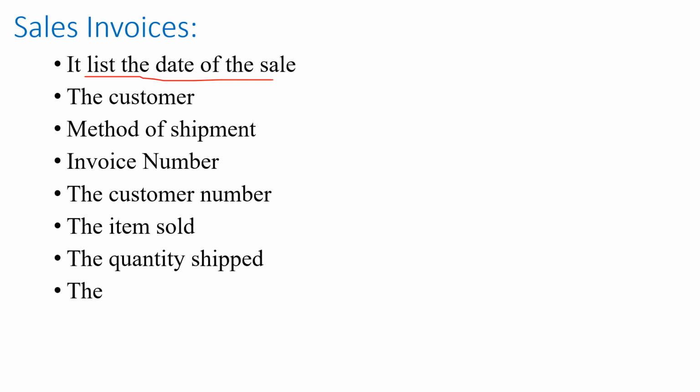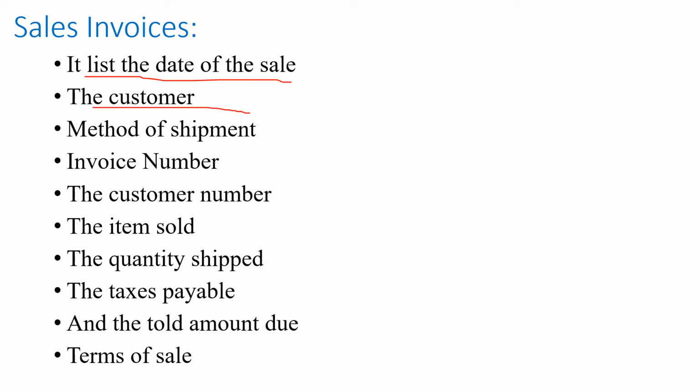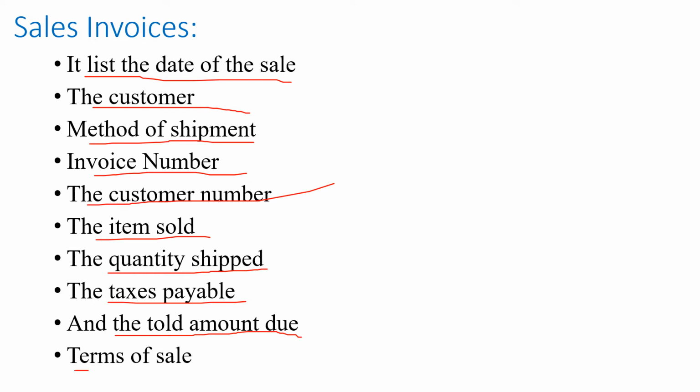It has to list the date of the sale, the customer name, the method of shipment, the invoice number, the customer number, the item number, the item sold, the quantity shipped, the taxes payable, and the total amount due. And then we have the terms of sale.